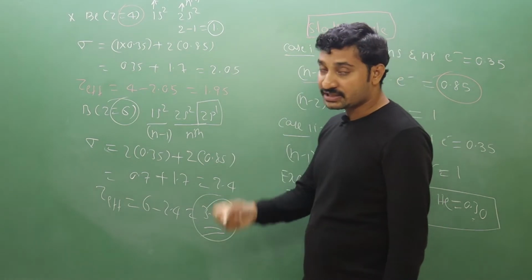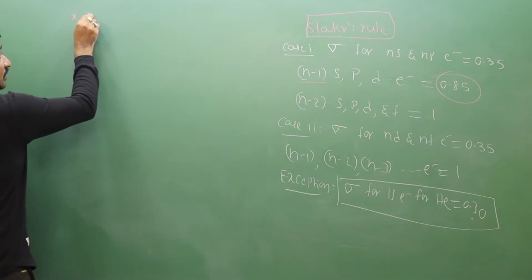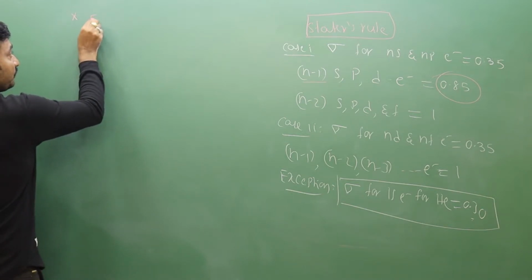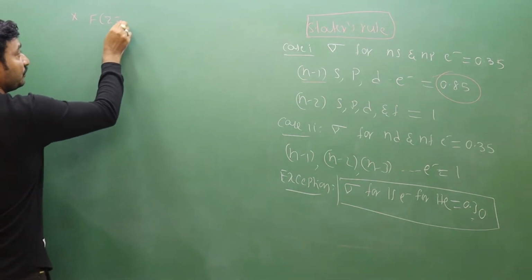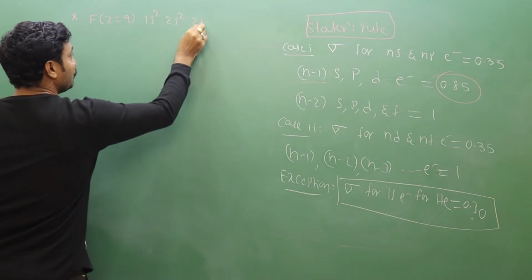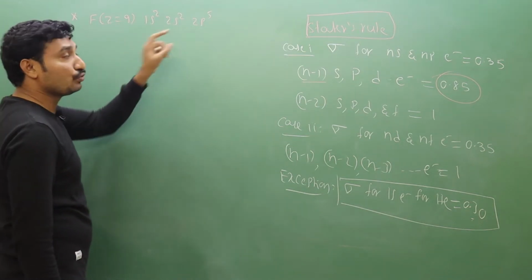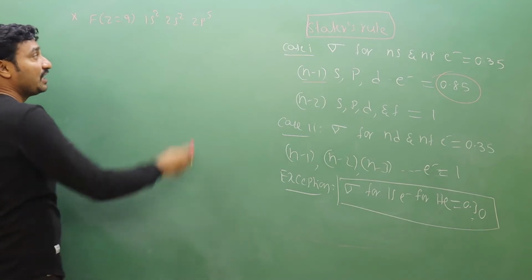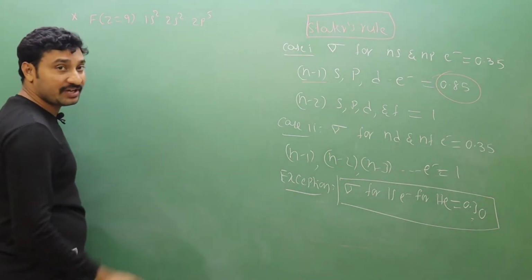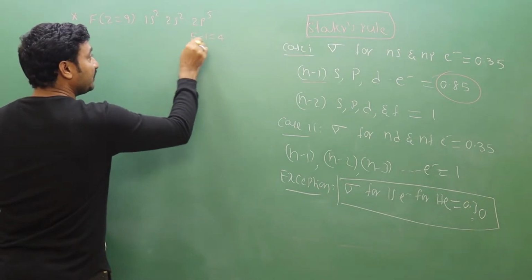Let us discuss some more examples. Fluorine, Z equal to 9, electronic configuration 1s2, 2s2, 2p5, right? Now you calculate sigma for the 2p electron. How many electrons are present in the p orbital? 5 electrons. Exclude 1 electron, 5 minus 1, 4, right?